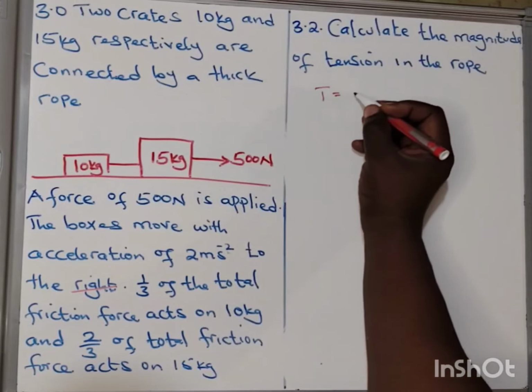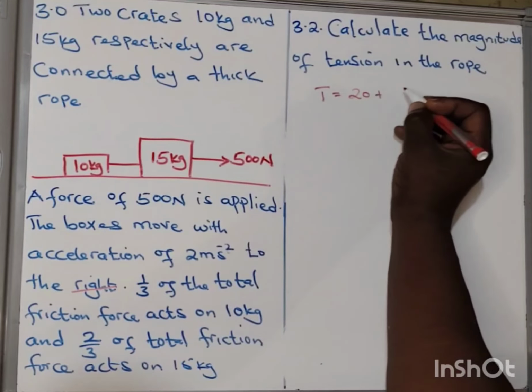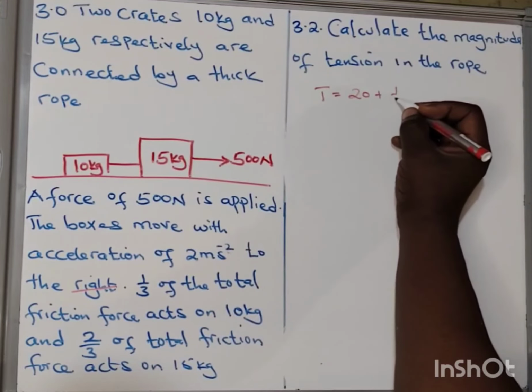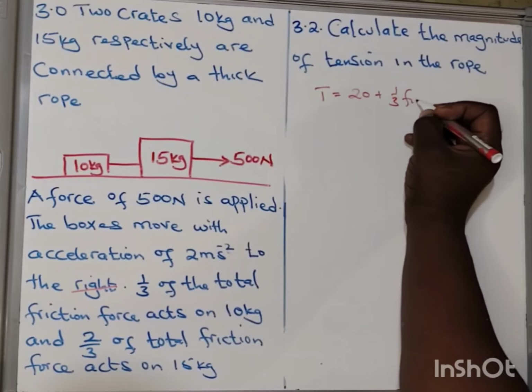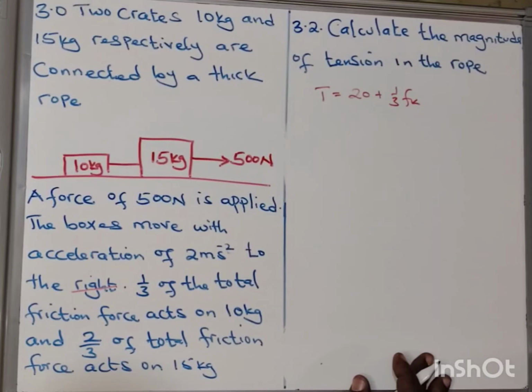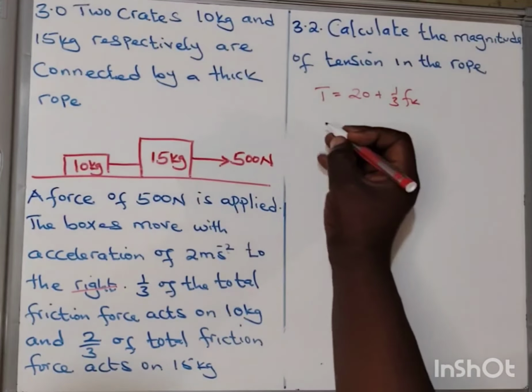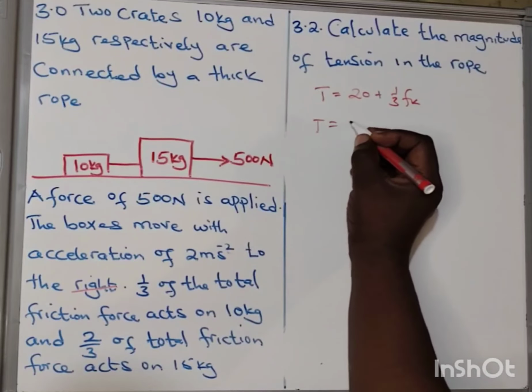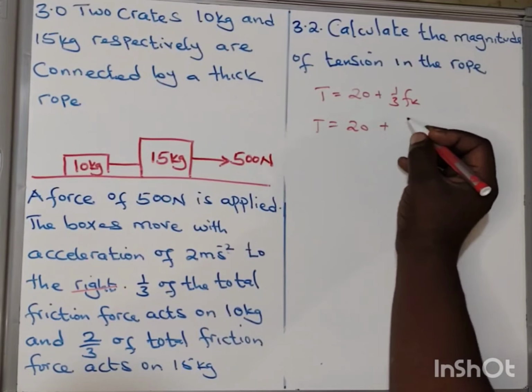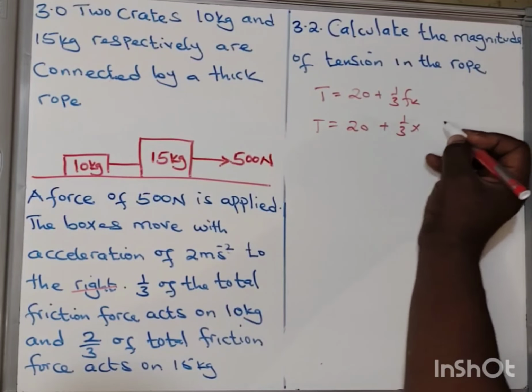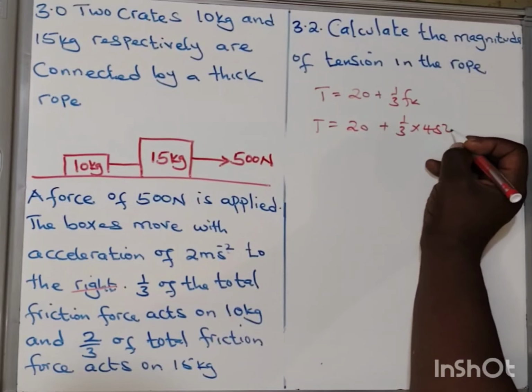T is equal to 20 plus 1/3 Fk. So T is equal to 20 plus 1/3 times 450.